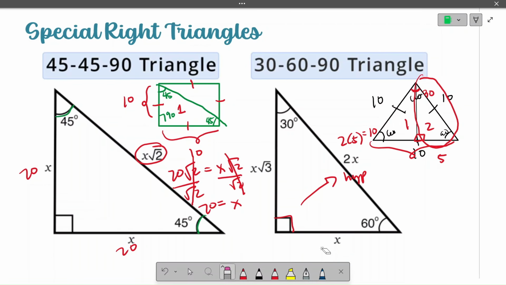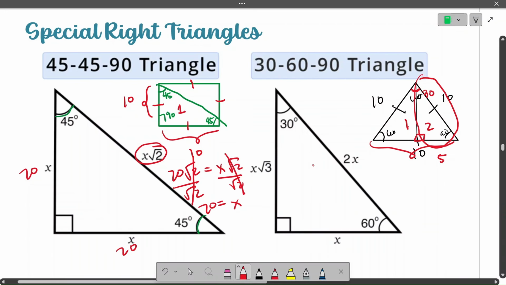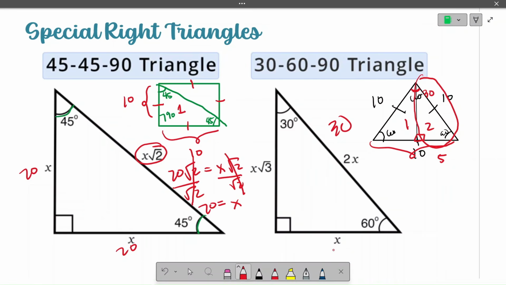Now, here's the thing again. Let's use another value. How about if our hypotenuse is 30? What is our base side? That becomes 15, kasi we divide this by 2 to get the base, which is 15.